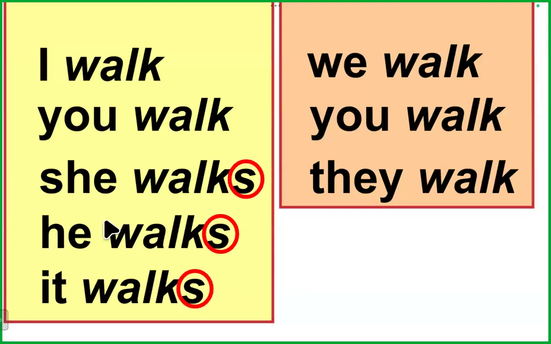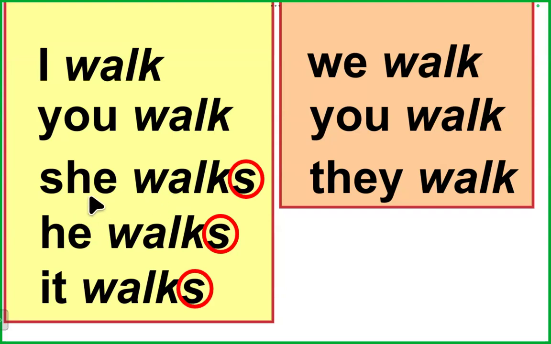The point of this part of today's lesson is that we can see and recognize the third person. Third person: she, he, and it. Can you see it? Every time we want to describe someone's activity, we are going to use the third person. In this case, the subjects she, he, and it. So for describing something, we need a verb. This is a verb, the verb walk.